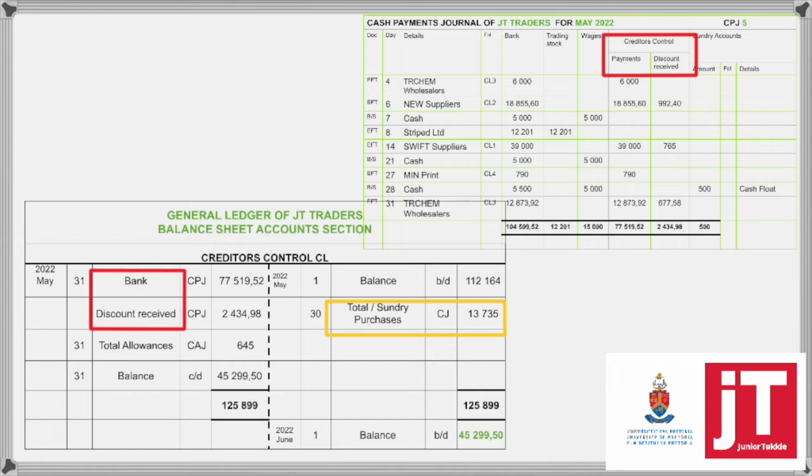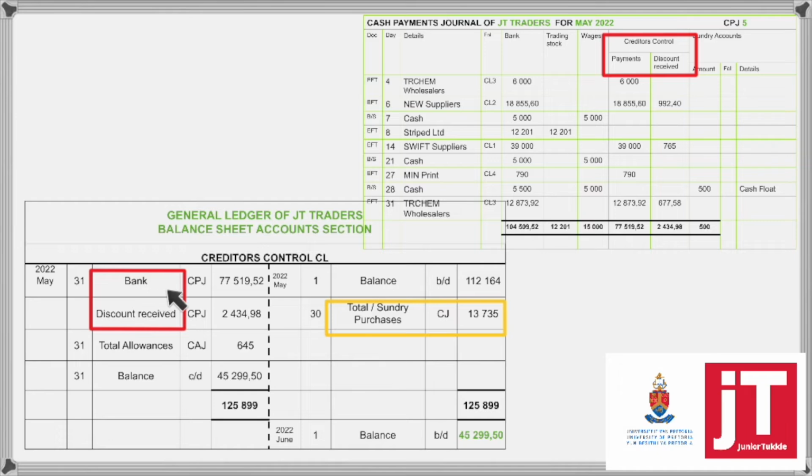So if it's the first standard layout with the payment column there and the discount, we split the amounts in our creditors control account as well. Now the rule for posting CPJ says we are crediting bank and debiting all the other accounts. This makes sense because we are paying, so our creditors control account liability must minus, and that's a debit entry.